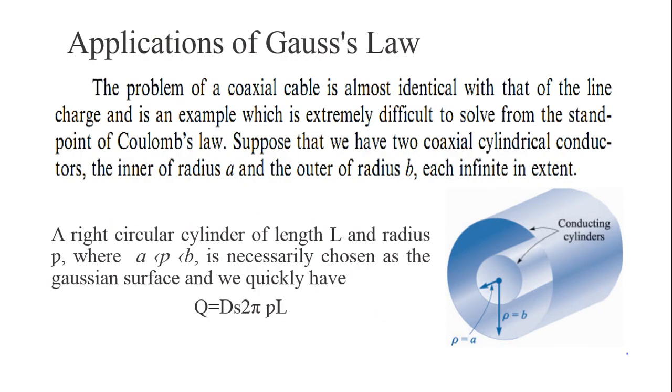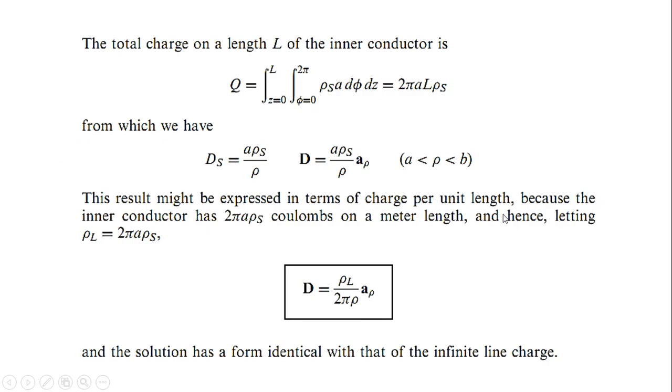It means that if we want to find the charge on this cylinder, the outer cylinder, we take its surface charge density multiplied by the area of the cylinder, and we know that the area is actually 2 pi b rho l, because now the radius is actually b. 2 pi b rho s, actually rho s will be the surface charge density of the outer cylinder now.